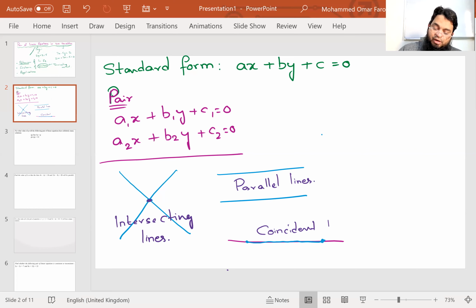So when we take two linear equations, these are the situations: the first one intersecting lines, the second one parallel lines, and the third one coincident lines. Now let us see the relation or the condition in these three situations.